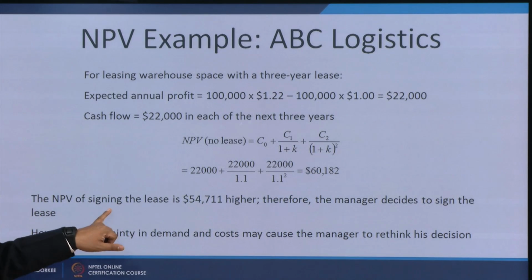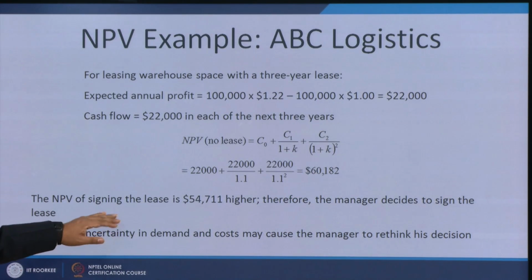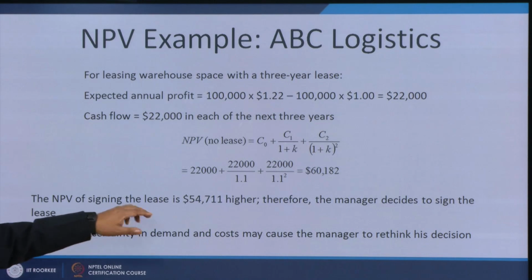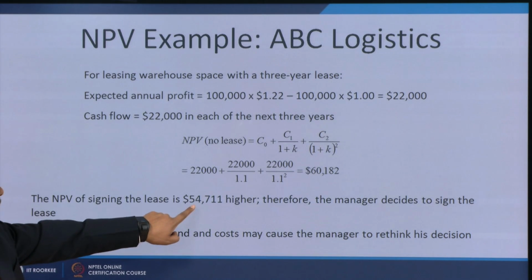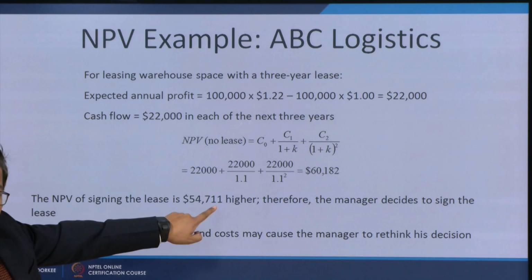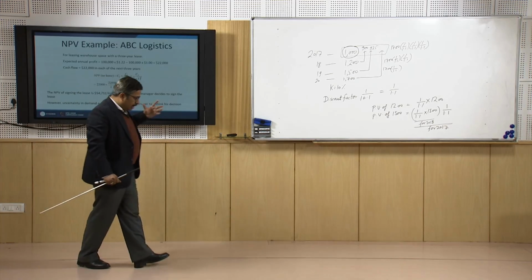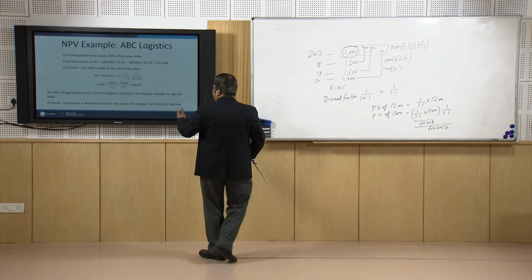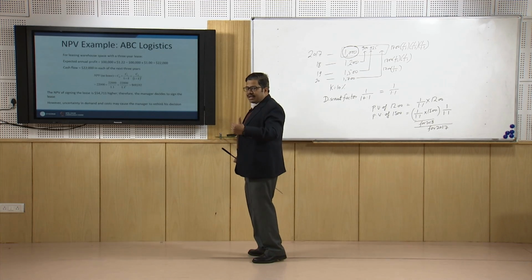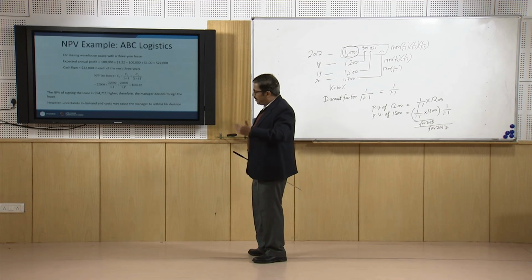So the net present value of signing the lease is much higher, $54,711 higher. Therefore, you can decide to sign the lease agreement, and this is a very important thing: you are signing the lease because you are getting the higher NPV.